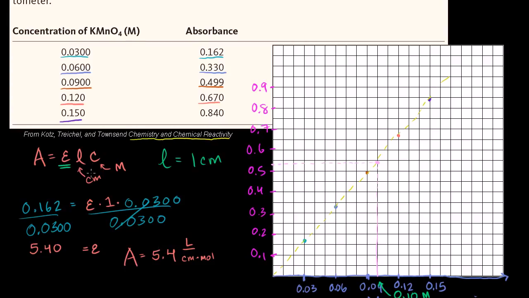You'll see it'll just cancel out with the length, which is in centimeters, and the molarity, which is in moles per liter. And it just gives us a dimensionless absorbance. So times, in our example, the length is 1 centimeter, times the concentration.